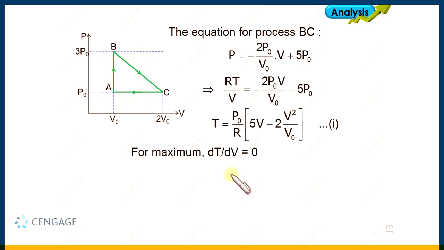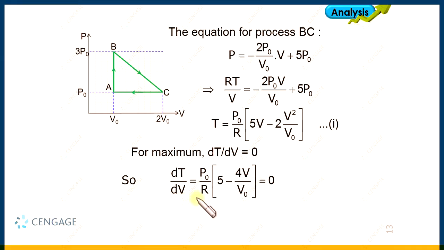So, dT divided by dV equals this, and that is equal to 0. Now, we can further solve, because P naught divided by R cannot be 0, that means this term should be equal to 0, right.